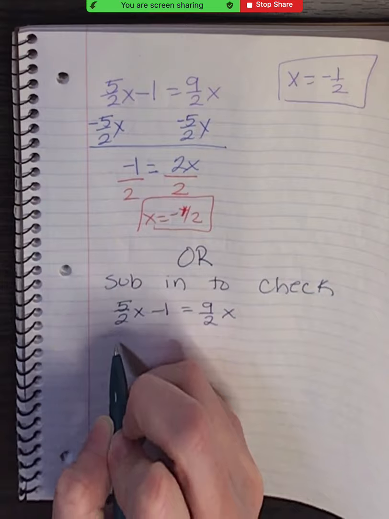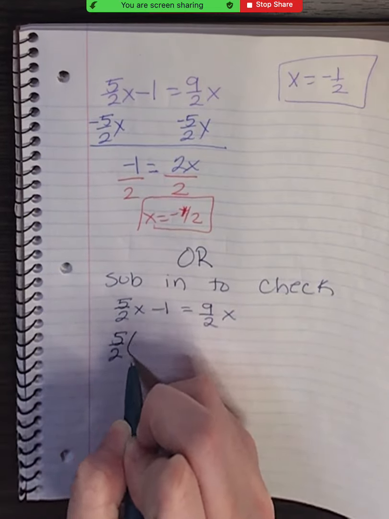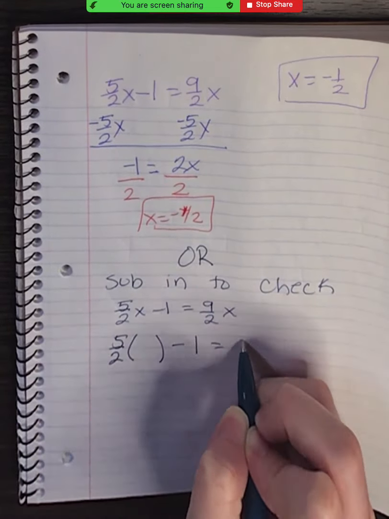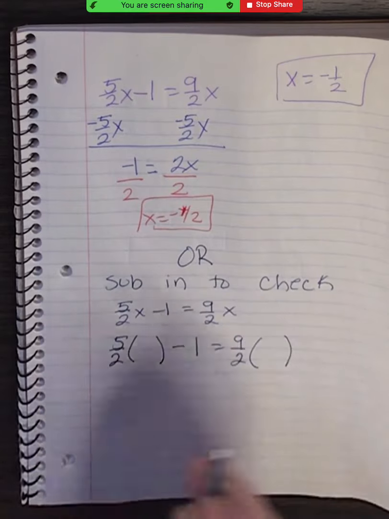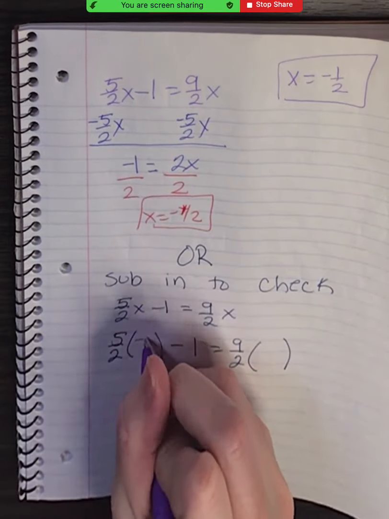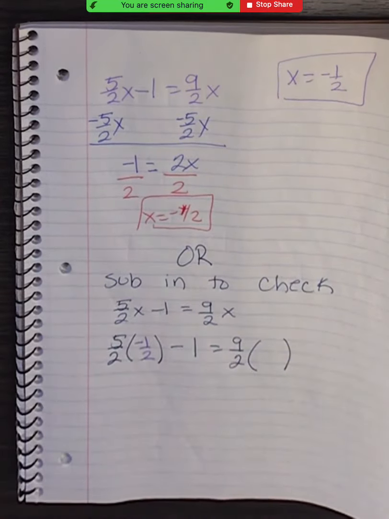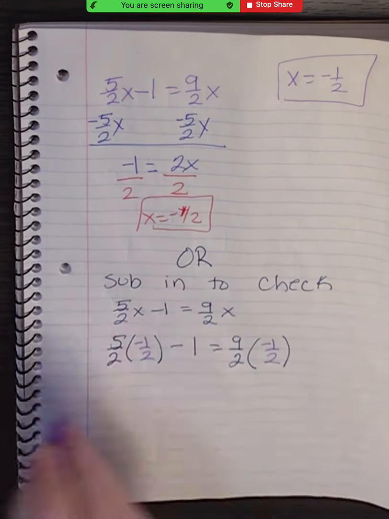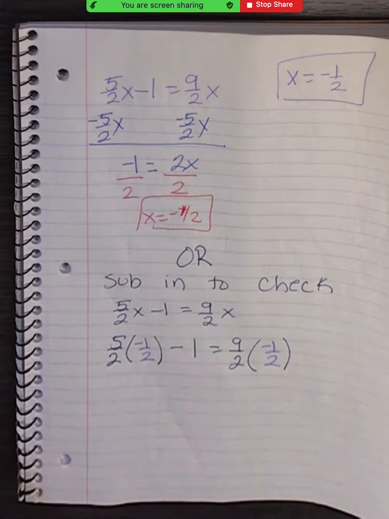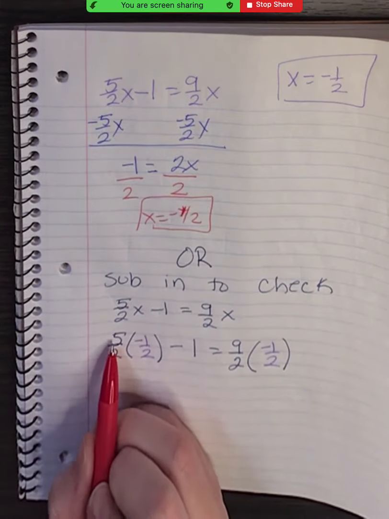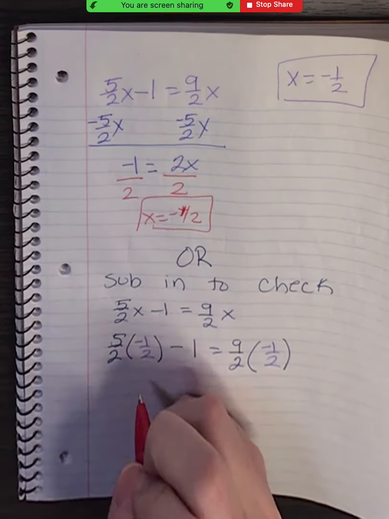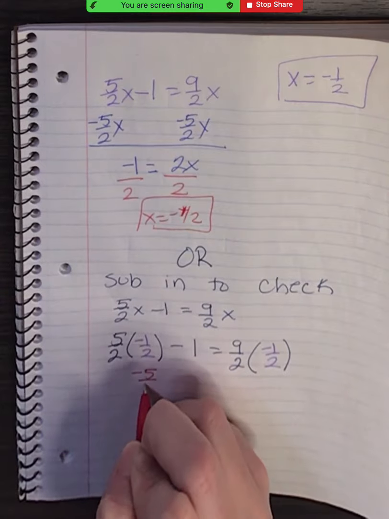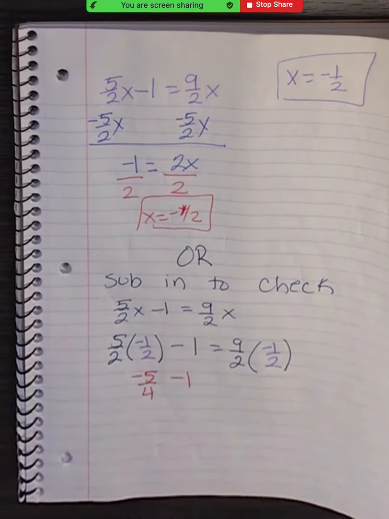So 5 over 2 times -1/2 minus 1. Does that equal 9 over 2 times -1/2? And 5 over 2 times -1 over 2 is -5 over 4 minus 1.